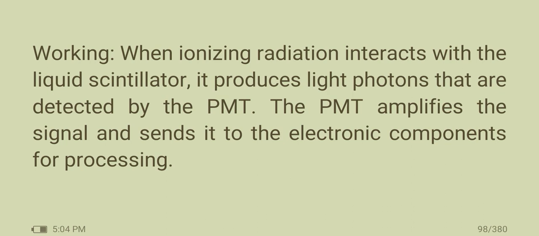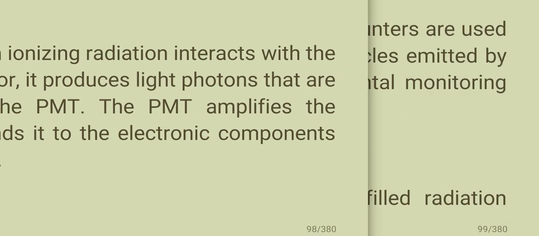When ionizing radiation interacts with the liquid scintillator, it produces light photons that are detected by the photomultiplier tube. The photomultiplier tube amplifies the signal and sends it to the electronic components of the system for processing.